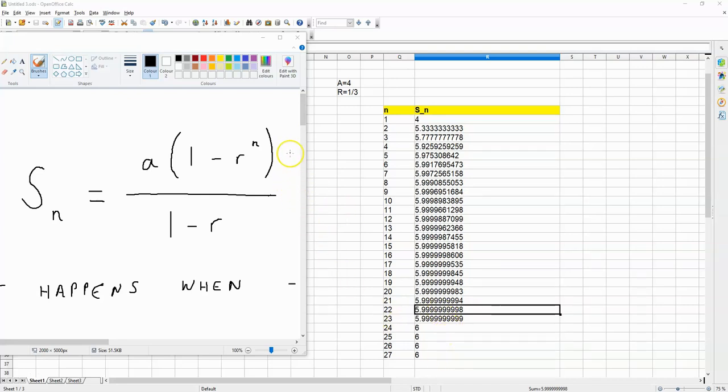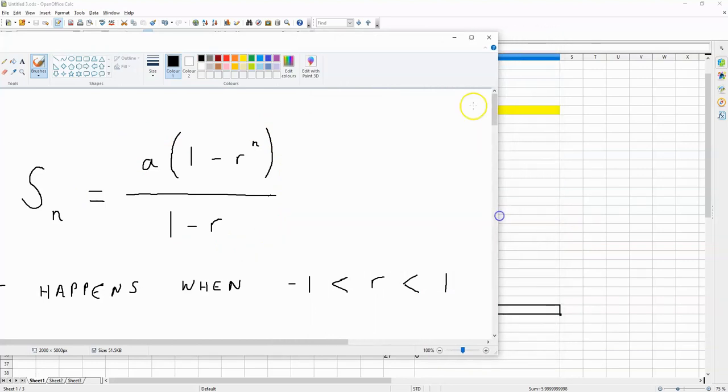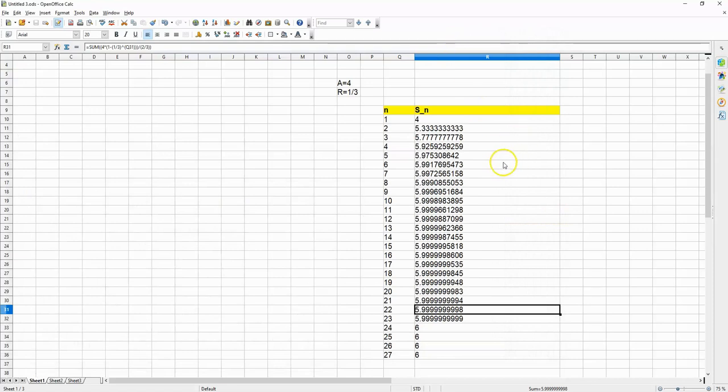So as I add more terms to this geometric series and r is greater than -1 and less than 1 and it's a third, what happens is that the series converges to 6. These numbers get so close to 6 that you might as well say that it converges to 6.